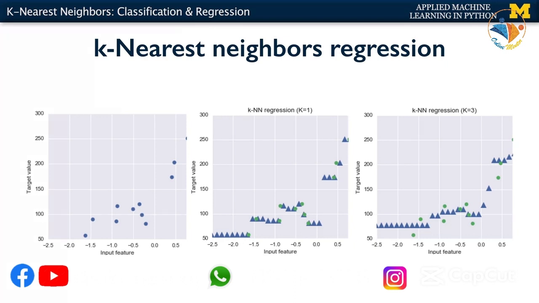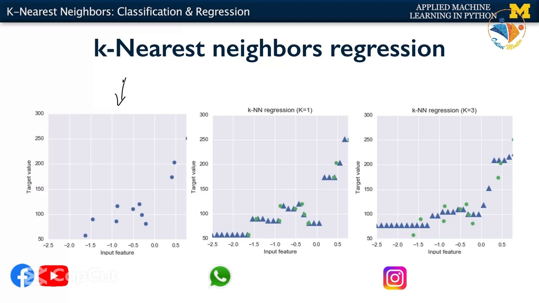The nearest neighbors approach isn't useful just for classification. You can use it for regression too. So here are 3 plots that show the same simple regression problem with one input feature and the corresponding target values in the training data. The leftmost plot here shows just the original training data points. And the middle and right plots show the predictions made by a KNN regression algorithm when k equals 1 and k equals 3.